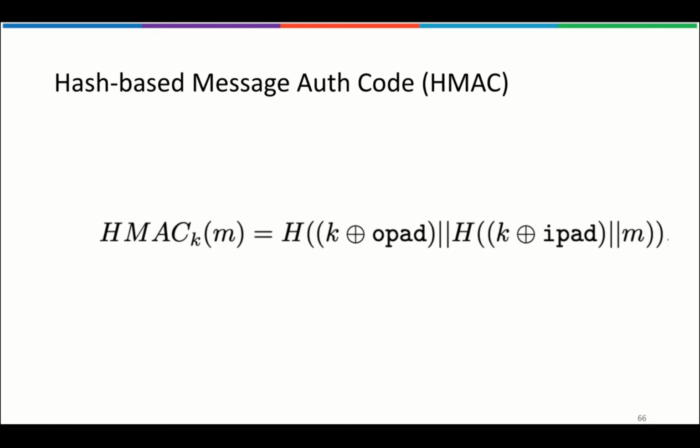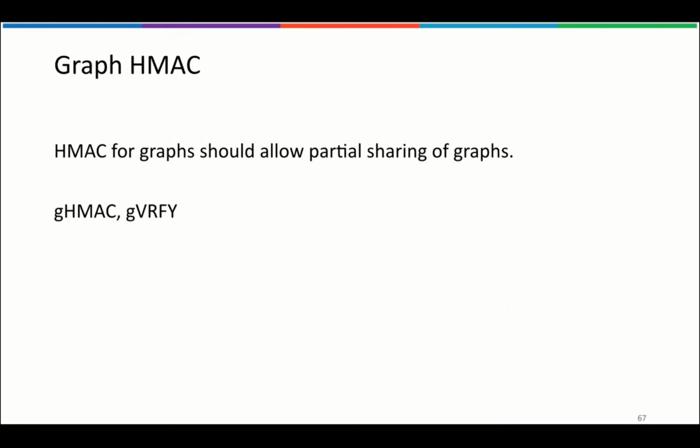So we developed all those techniques in the context of graph HMAC. This is the first foundational paper in that area. There are two types of HMACs. One is for a two-party model, where you share the full graph: GHMAC and GVerify.